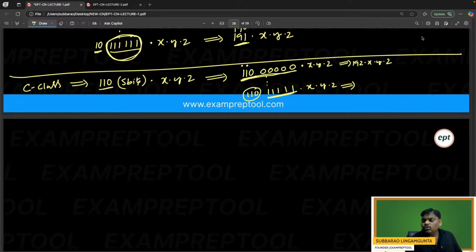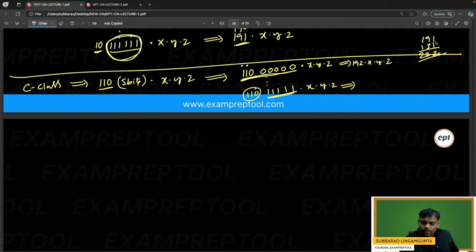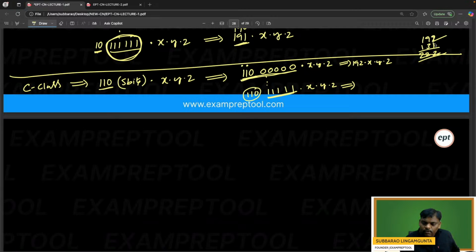So 192 plus 31 goes to, sorry, calculate properly. It is 192, and 192 plus 31 is 223. Dot x dot y dot z.